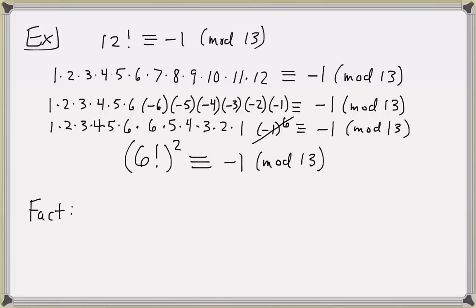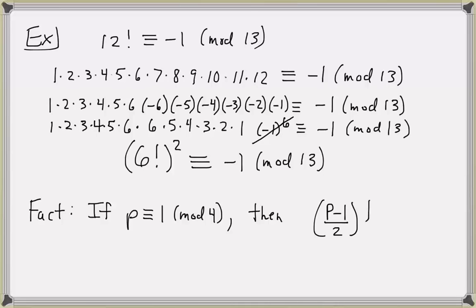So if p is congruent to 1 mod 4, so for example 13 is a prime that's congruent to 1 mod 4, then by following the same procedure we just did, you can always show that if I take p minus 1 and divide it by 2, I take this number factorial, square it, then it'll always be congruent to negative 1 mod p.